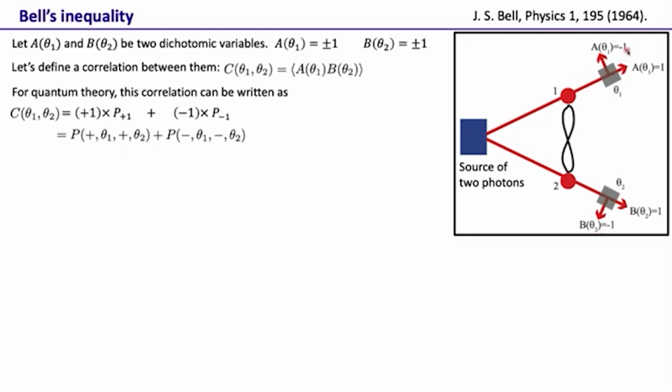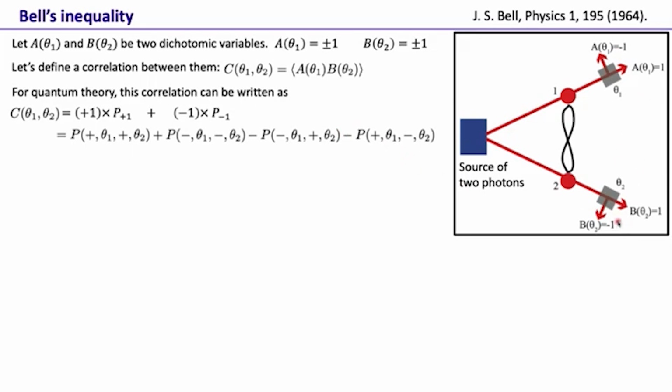In that case we get -1 here and -1 here, and that gives us a +1. So these are the two probabilities that will give us a +1. Similarly, there are two other possibilities, one in which the first photon goes this way and the second goes that way, and then the first goes that way and the second goes that way.